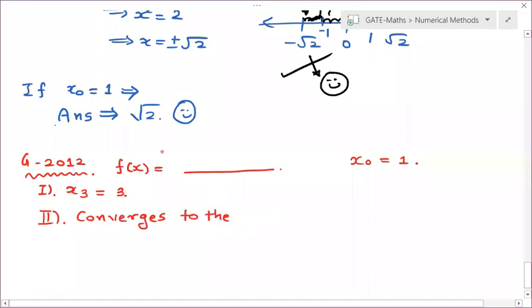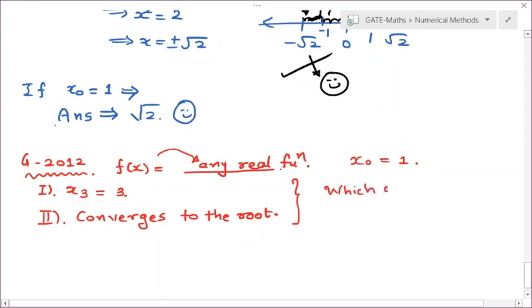Or here they can say that f of x is any real function. Okay, they can specify like this. Real function means its input is also real and output is also real. Now, which of the following are true?